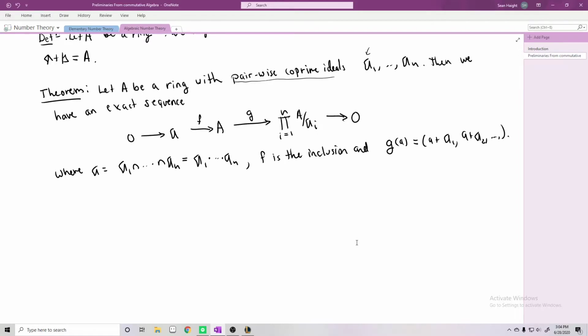So let's go ahead and try to prove this theorem. The first thing we're going to show is this equality here. One containment is pretty clear.